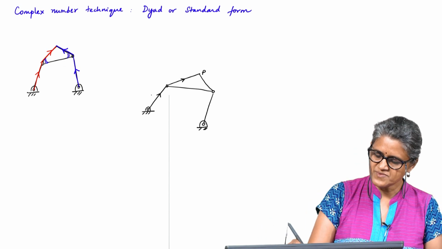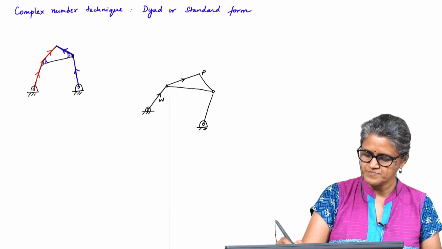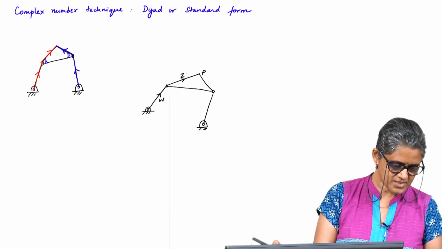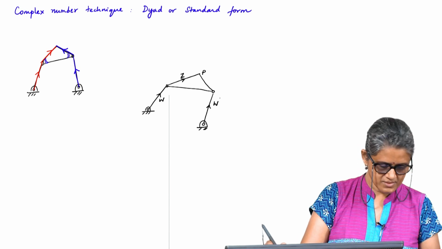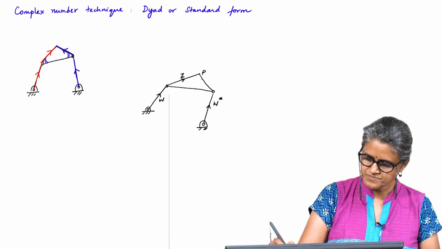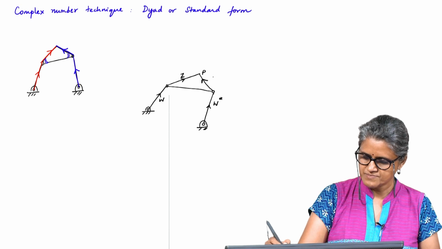I will call this vector W and this vector as Z, and I will call this vector as W star and this vector as Z star.